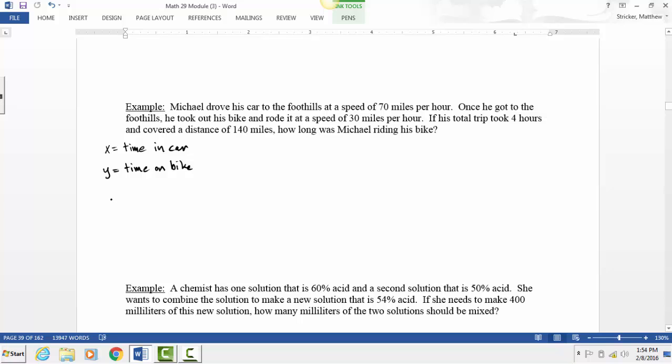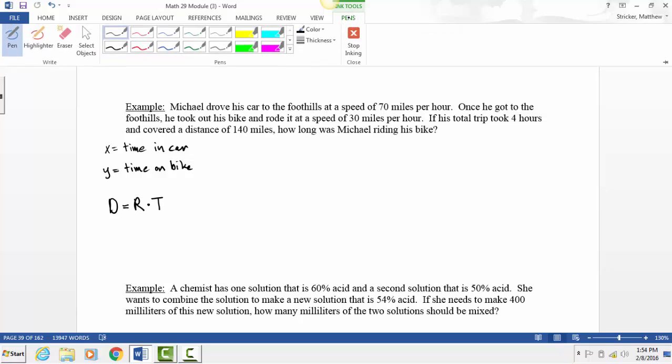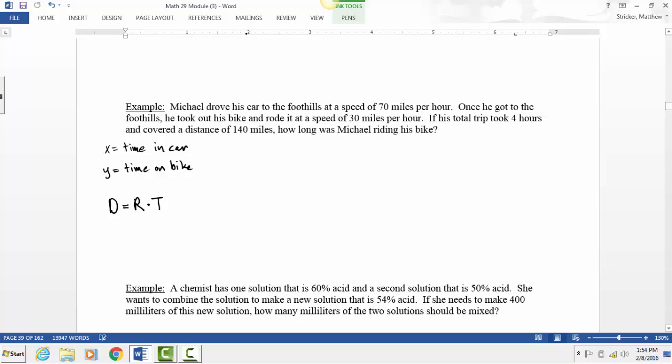And the key formula here is going to be our dirt formula. Remember that one? Distance equals rate times time. Because we know a couple of totals. We have a total trip of 4 hours in time and a total distance of 140 miles.